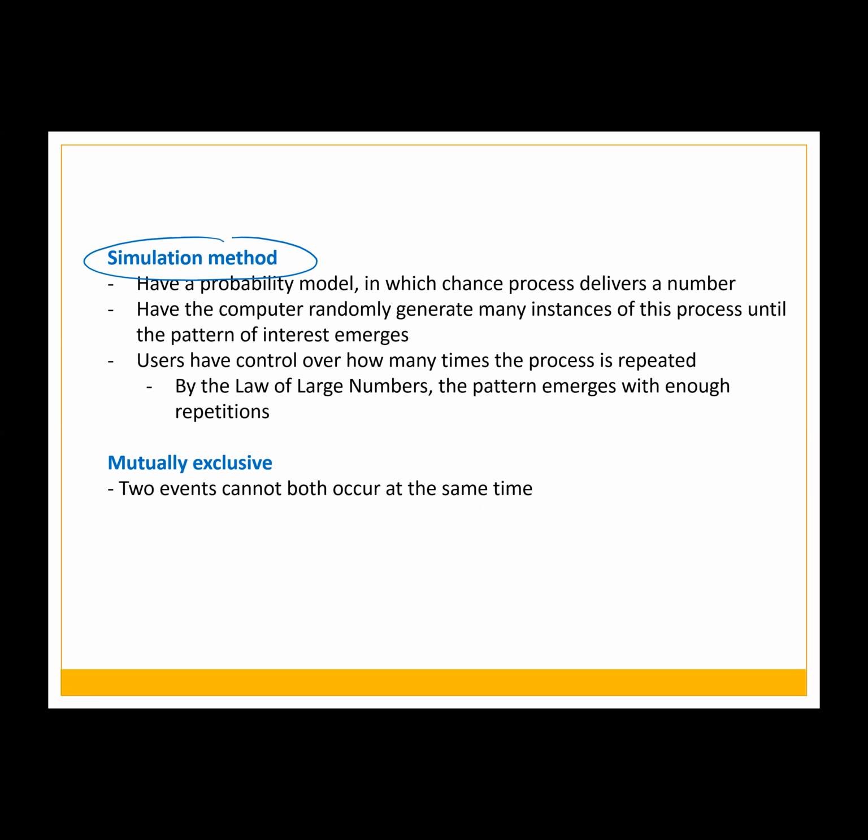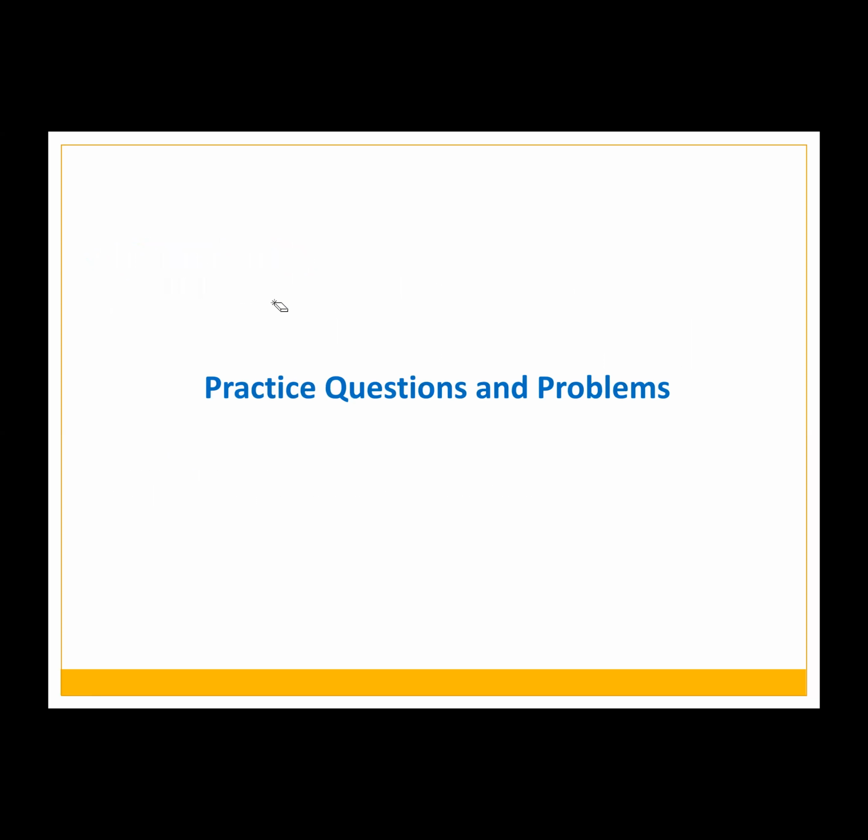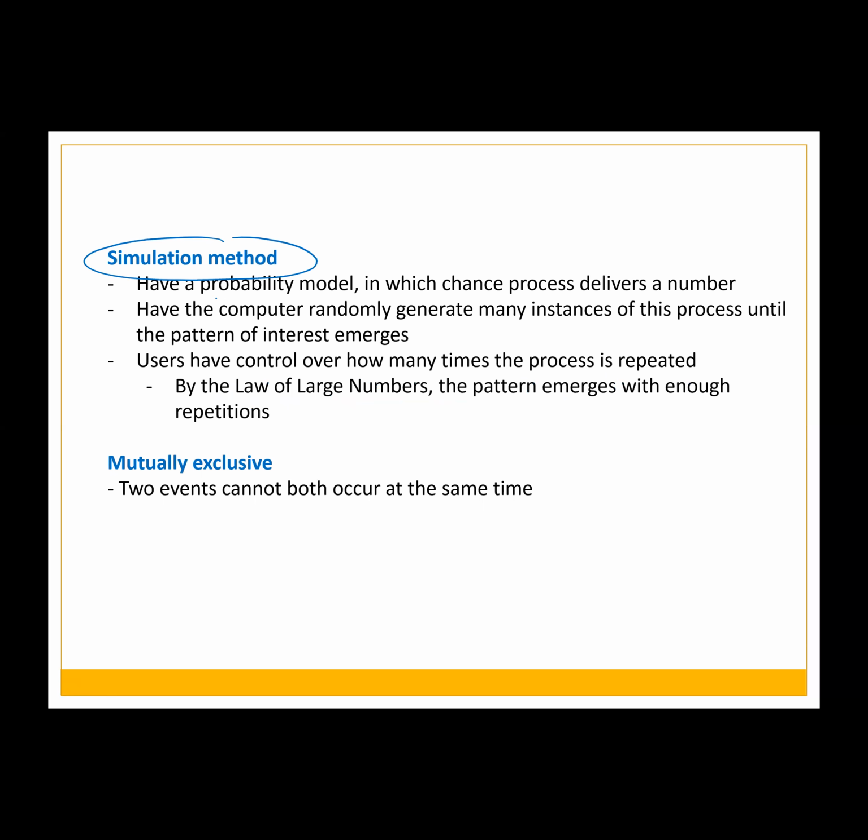You can either run different trials many times, and then the proportion or mean you have gets closer and closer to the actual mean of the population or distribution you're looking for. Or you can follow this methodology: first you have a probability model, and then you have a chance process that gives you a number every single time.